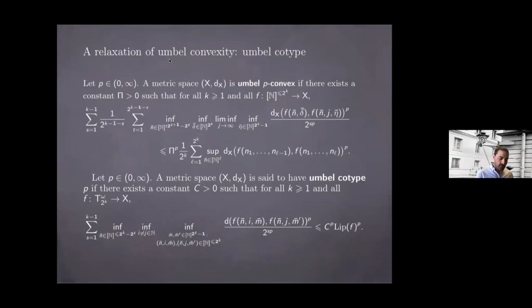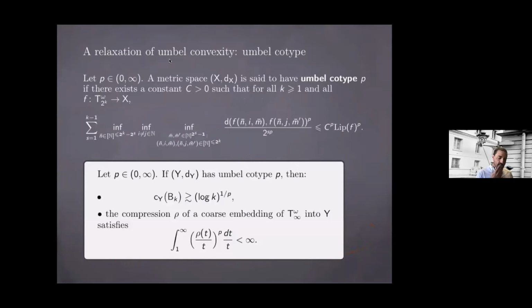So this inequality is much weaker than this one, okay? But still, it's enough to give you everything you wanted. To give you this lower bound on the distortion, it's still the right order of growth, and to give you this restriction on coarse embeddings of trees. Okay?